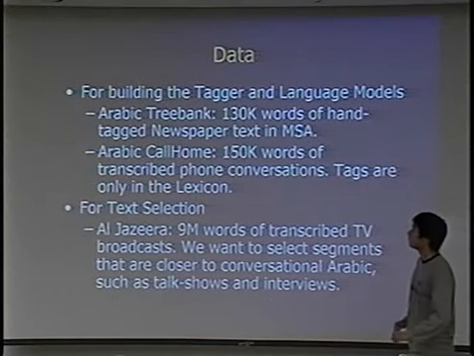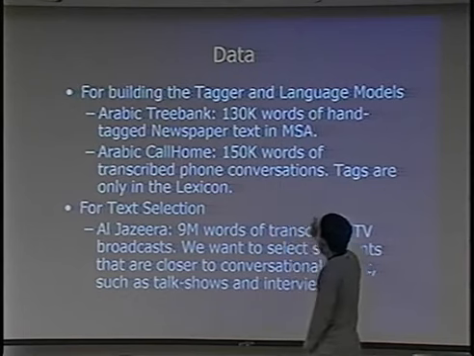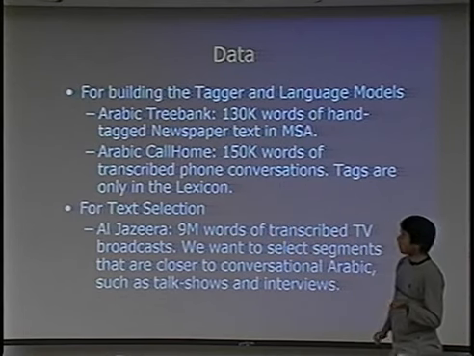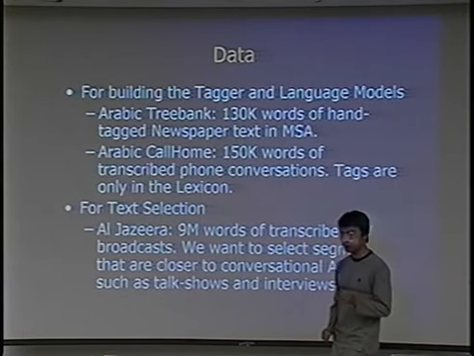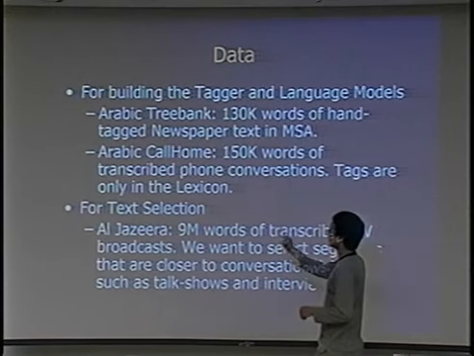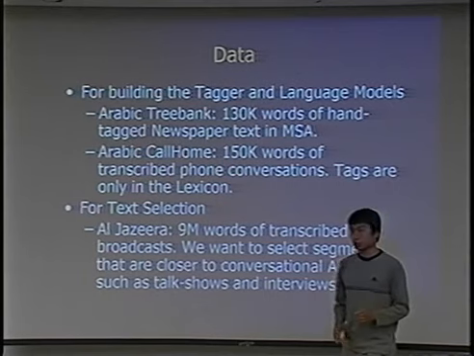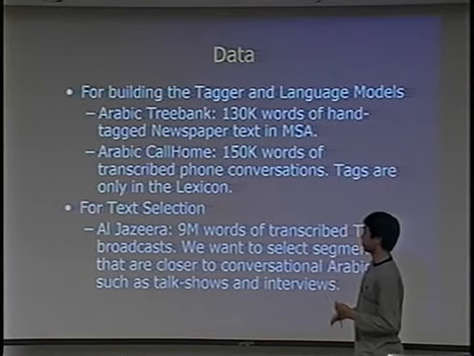We have three sets of data. We have the Arabic Treebank, which is 130,000 words of tagged newspaper articles, so this is formal Arabic. We also have Arabic CallHome, which is transcribed phone conversations, so that means it's conversational.